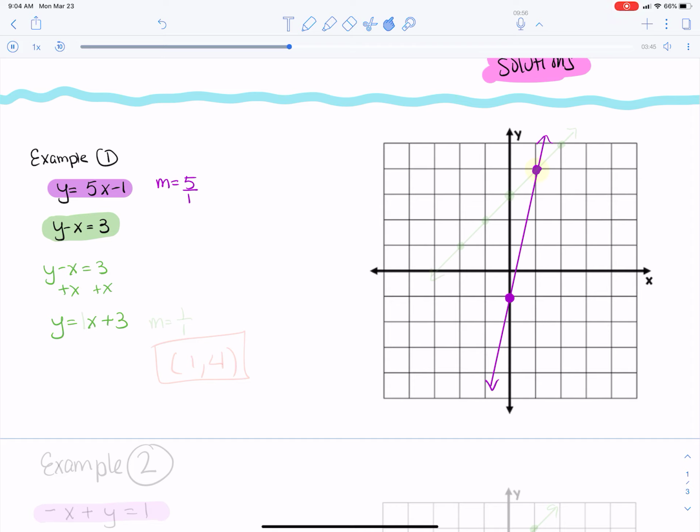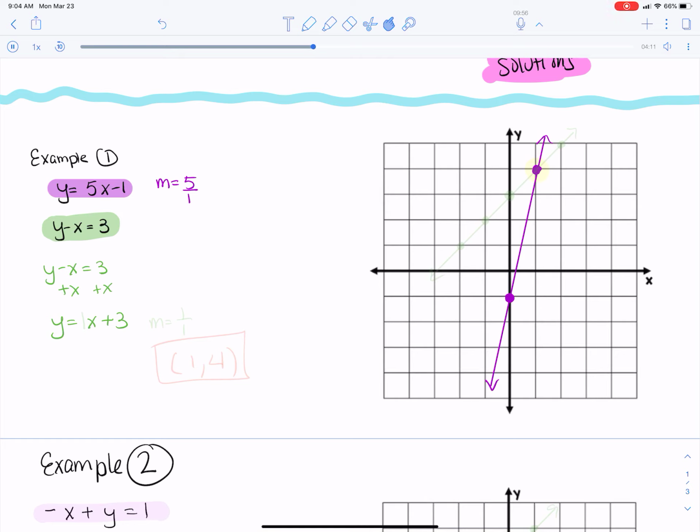You put any whole number into a fraction by putting it over 1. So I'm going to go up 5 from this point. So we're going to go up 1, 2, 3, 4, 5, and then I'm going to go right 1. Alright, so now we're just going to connect these two points.